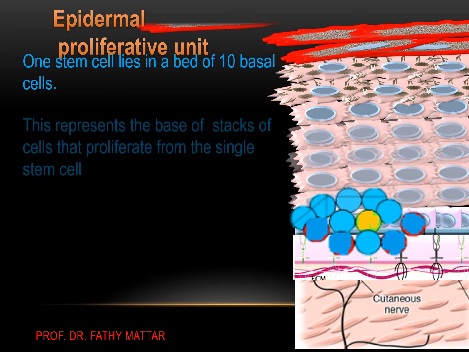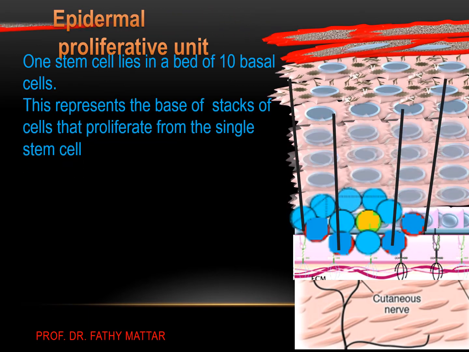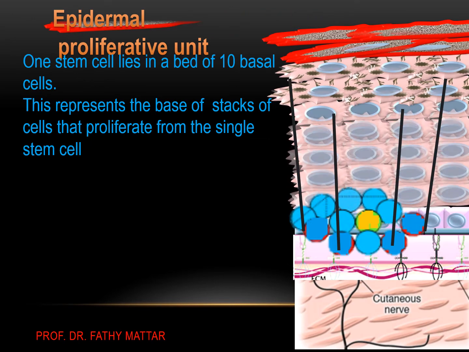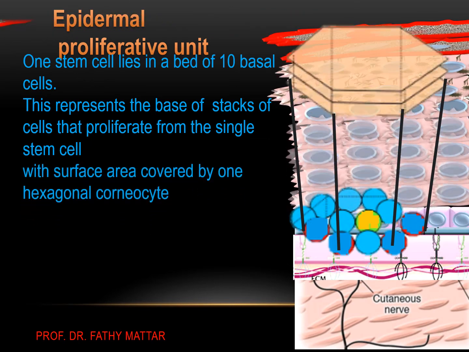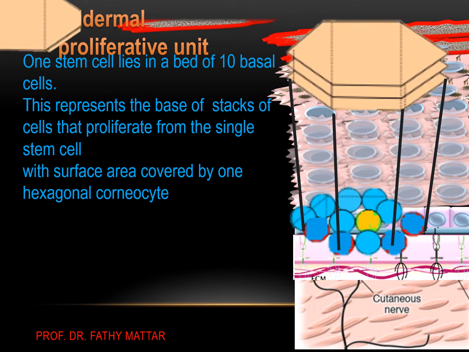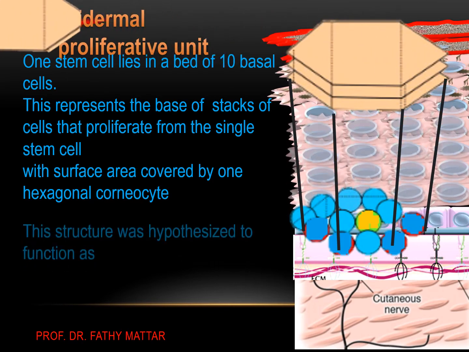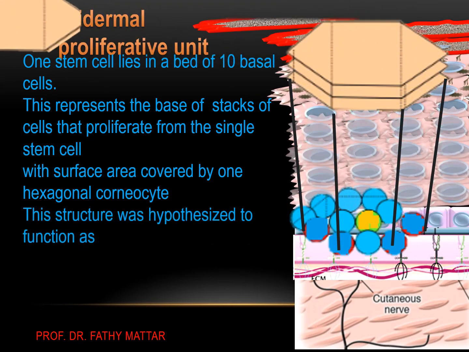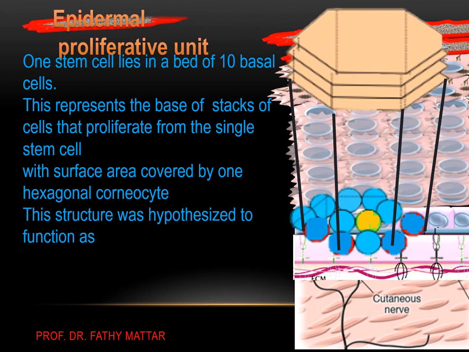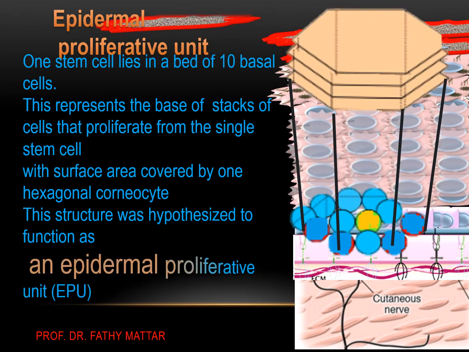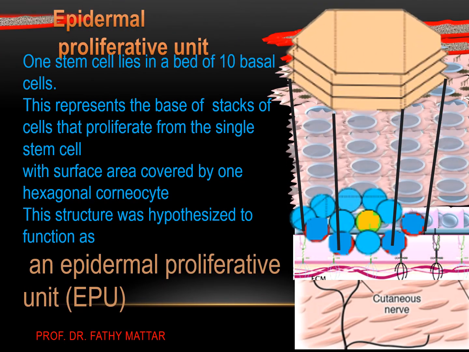The cells that develop from one stem cell and are covered by a hexagonal corneocyte are hypothesized as the epidermal proliferative unit.